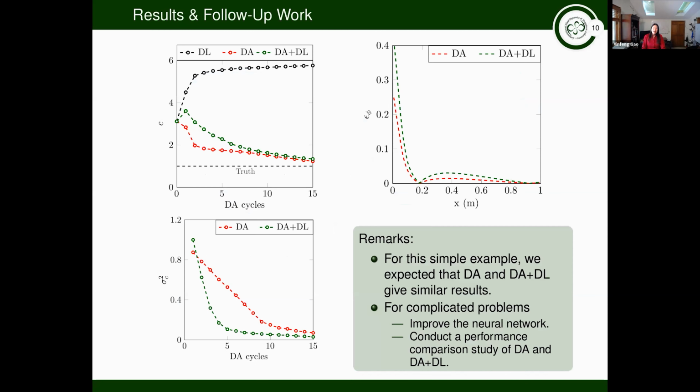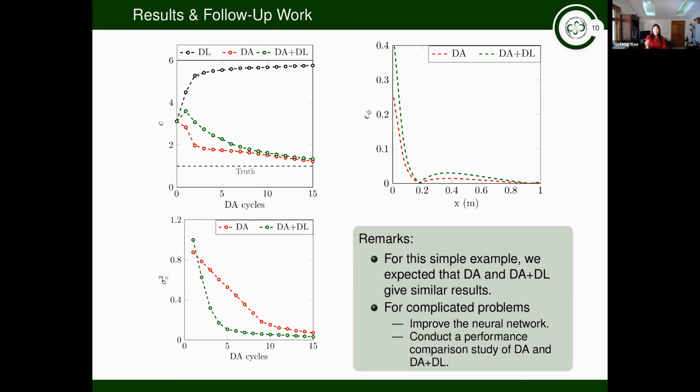Now let's see how it does here. In this figure, it shows the parameter estimate of C, the trajectory over the DA cycles. So we have 15 DA cycles. And we know the truth is the dashed line. Truth is what? Constant, 1. Now, for the 3 different symbols, the black is deep learning.